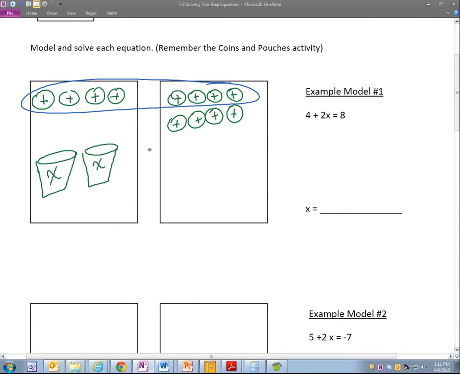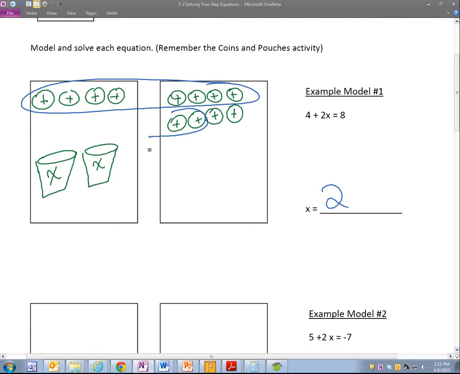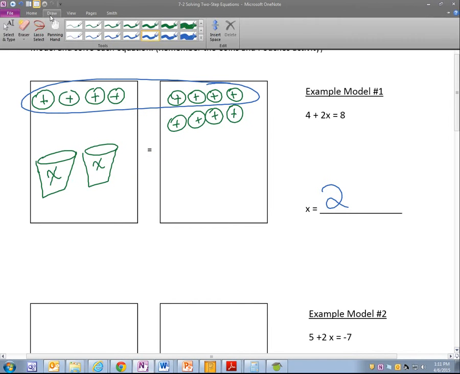So how many of these integers should be going into each cup by looking at this picture? JT, there's going to be 2 in each one. And actually, that means that X equals 2. Rather than draw a circle, which is what I did last period, I'm going to visually represent it a little bit differently since I had the tech to do it.